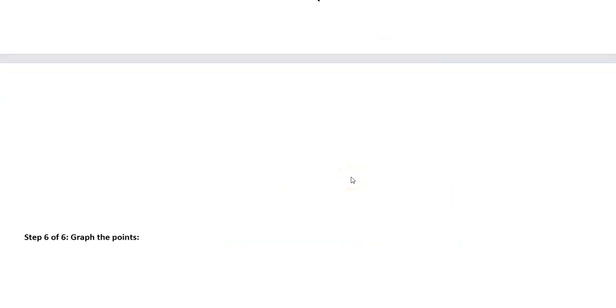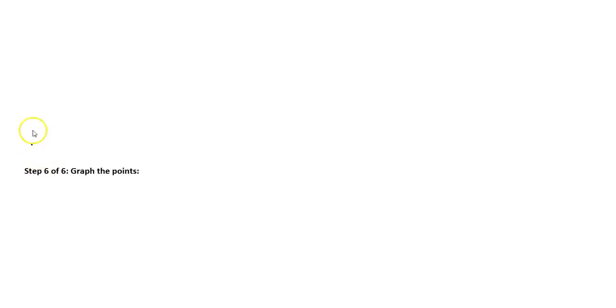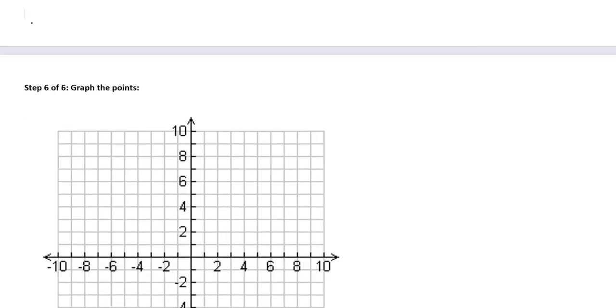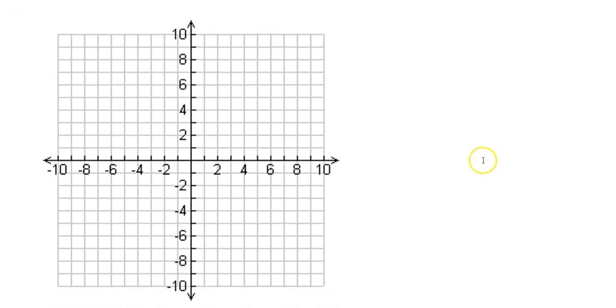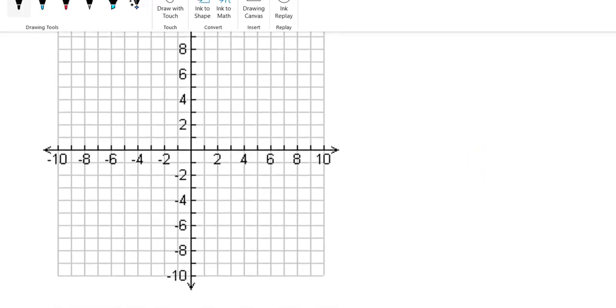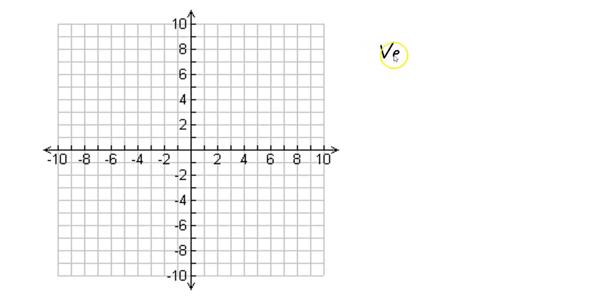Last thing. Let's kind of take this back up so you can see a little bit better. There we are. We have found a lot of information. Let's remember that we have a vertex of 4, 0.